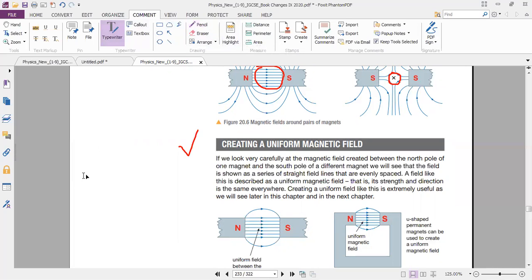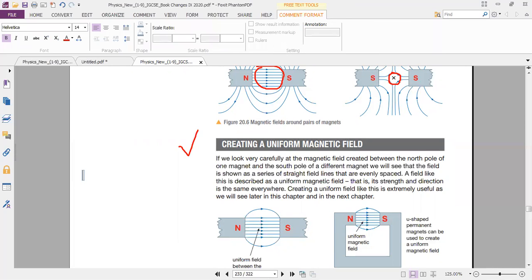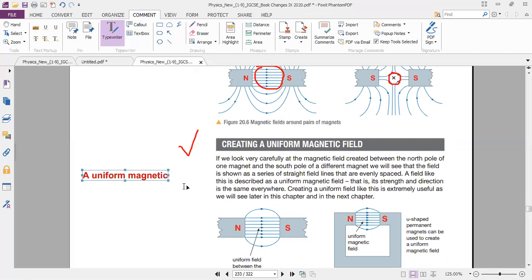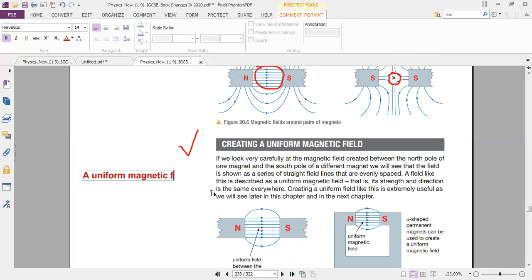I can write it. There are two conditions for a magnetic field to become uniform. A uniform magnetic field must have, what? The magnetic field lines must be parallel to each other.